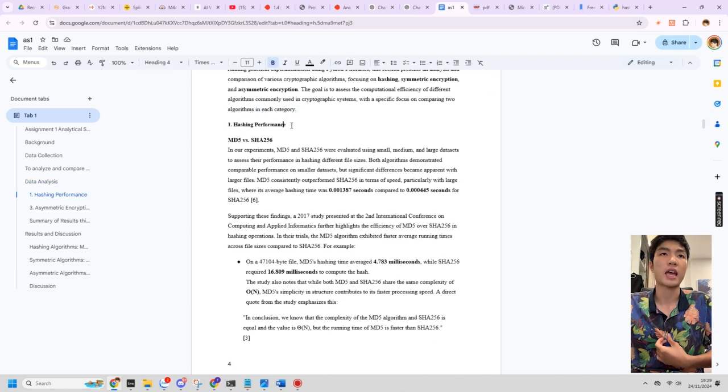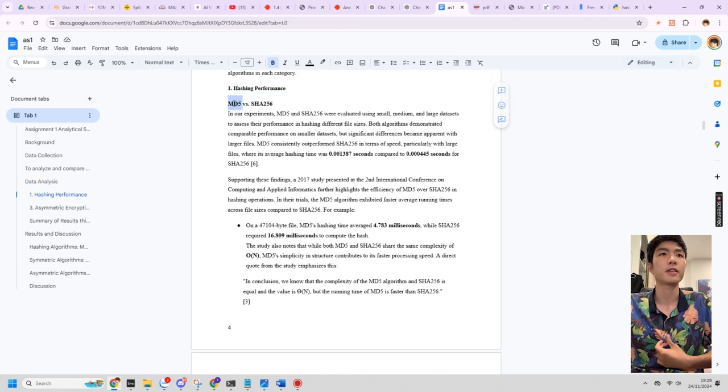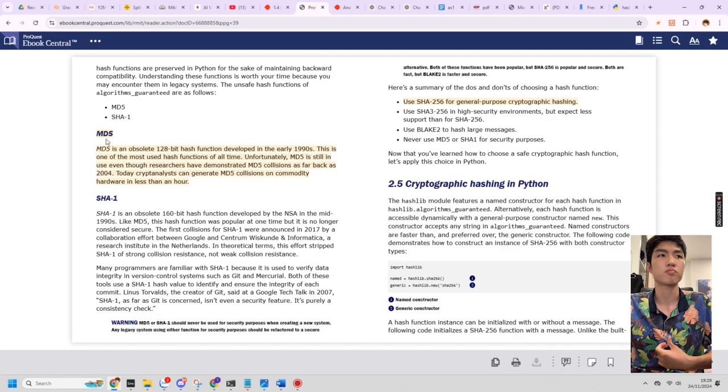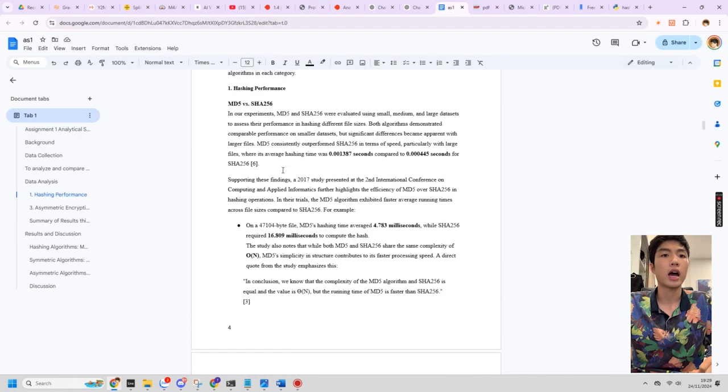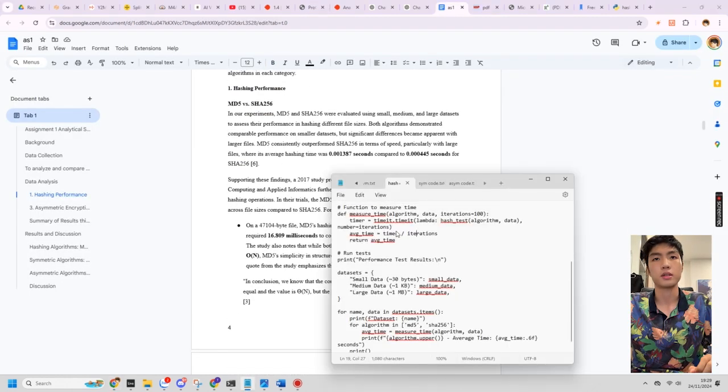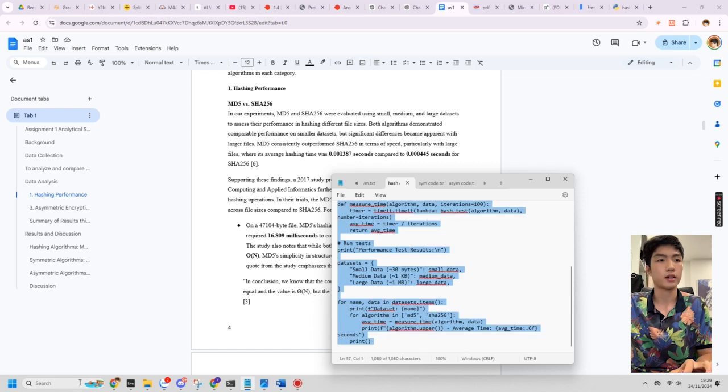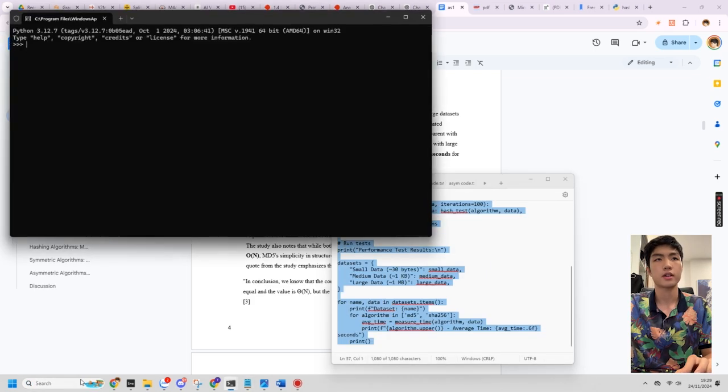For the hashing performance, I picked MD5 and SHA-256 because in the textbook it really clearly clashed these two together. And so this was the algorithm that I ran in Python. Let me open up Python.